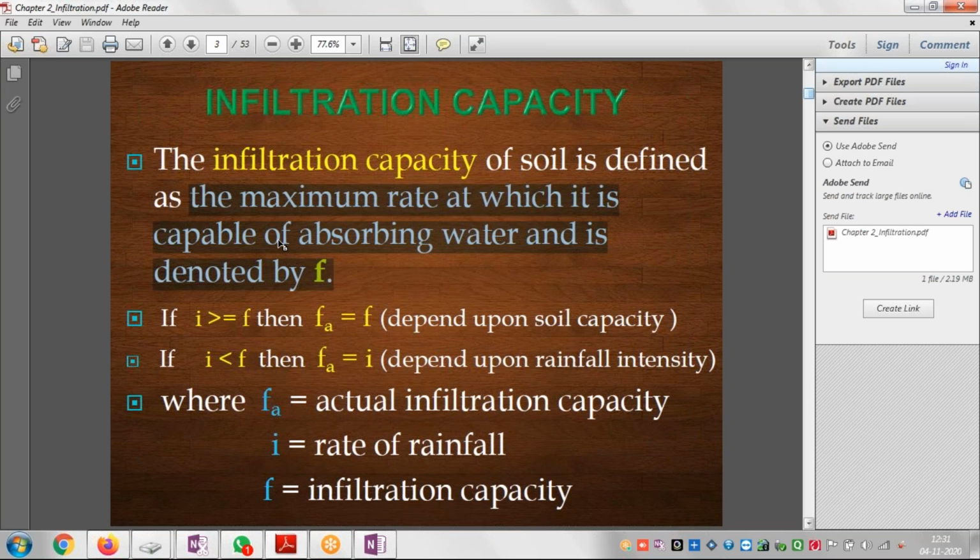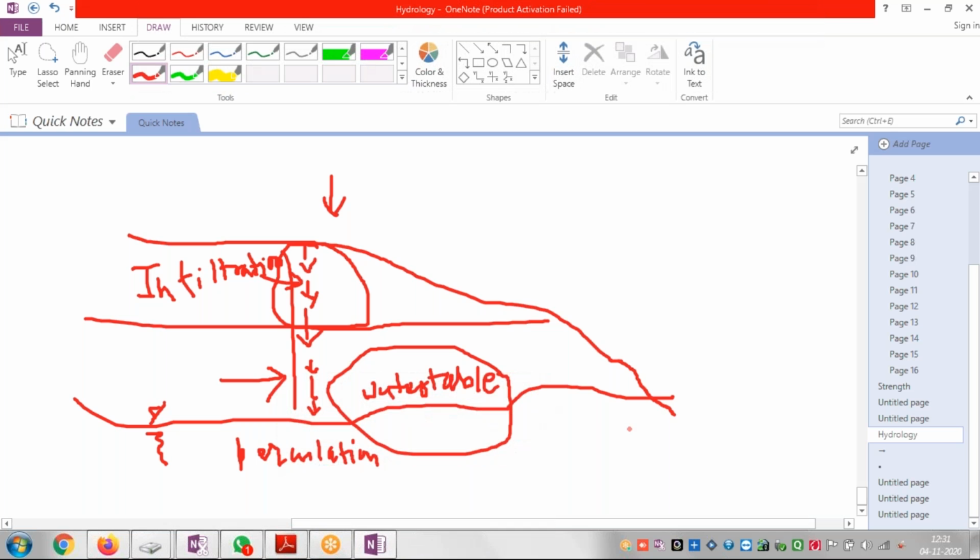The maximum will be 2 glasses per minute. Similarly, if rainfall happens, water goes into the soil, and if it is infiltrating, say, 1 meter per second, I will tell you.